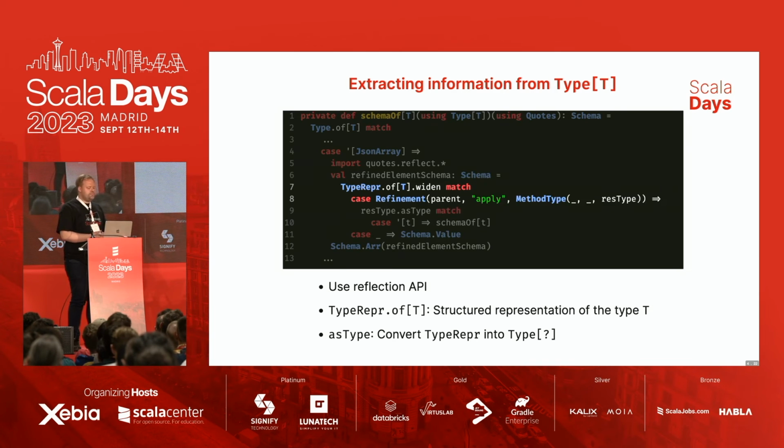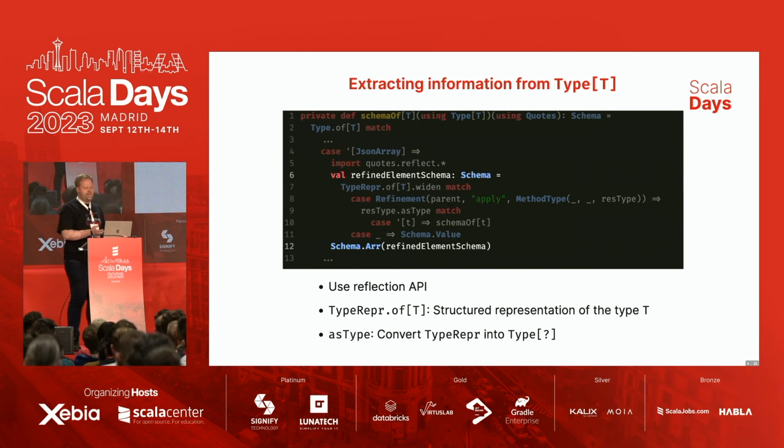And we get to this refinement, and if you have a refinement of the apply method, then we want its result type. We can take this result type, convert it back to a type of question mark, and now we again use this quote type pattern matching to name this type lowercase t and use it recursively in our schema of.